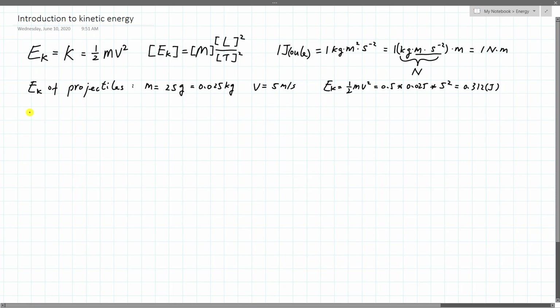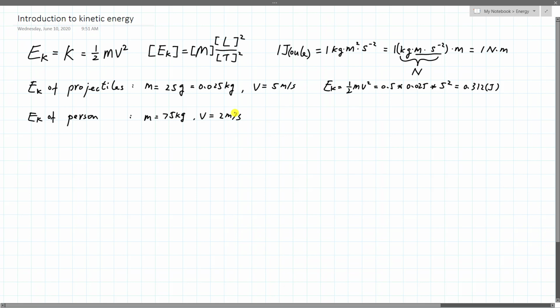Let's go ahead and find the E_K of a person. Let's give this person 75 kilograms of mass. And how fast can a person move? If I walk at 2 meters per second, this is actually relatively fast.